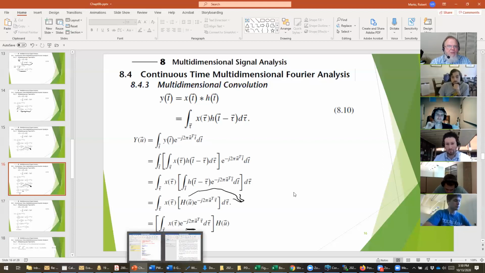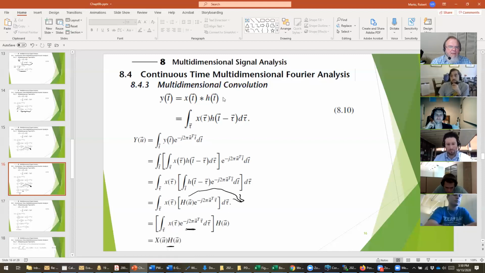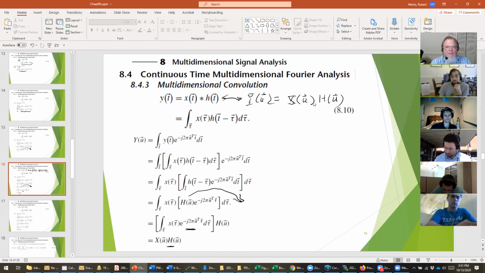So we see that just as in the case of one dimension, a convolution will Fourier transform to y of u is equal to the Fourier transform of x times the Fourier transform of h. So that's the convolution theorem. Again, a straightforward generalization of the one-dimensional counterpart. You're going to hear me say the word counterpart a lot.